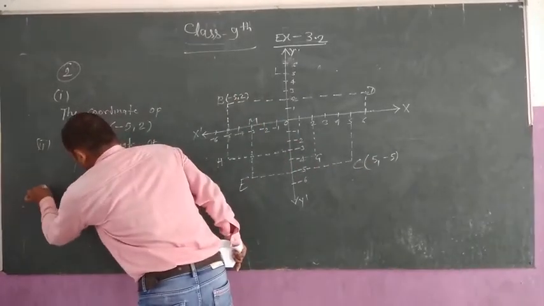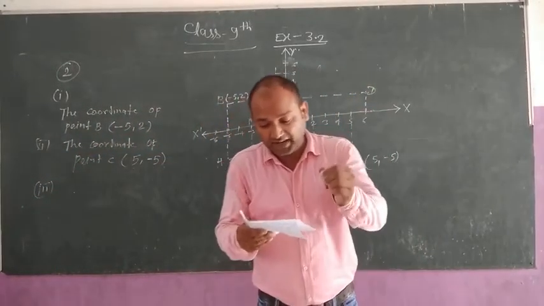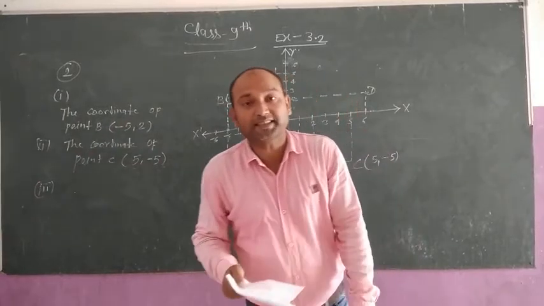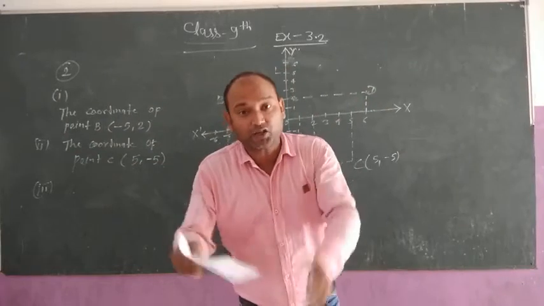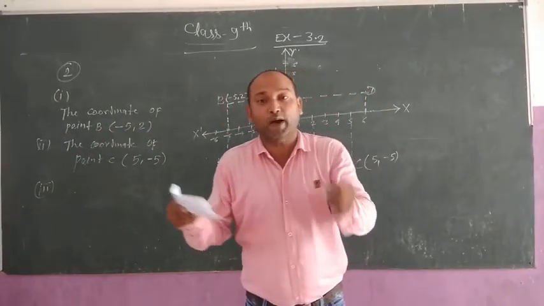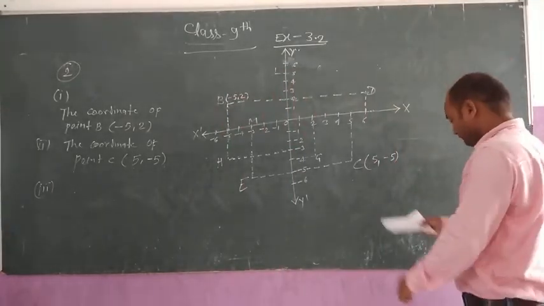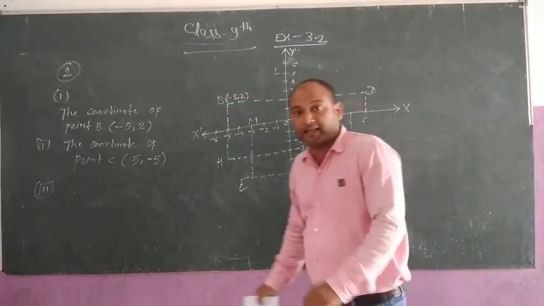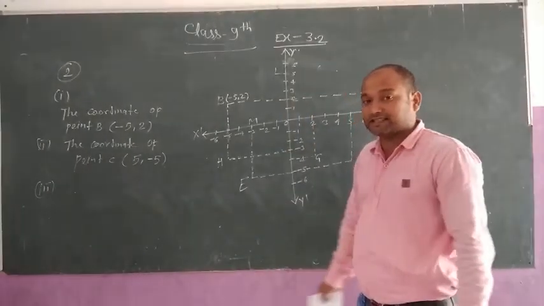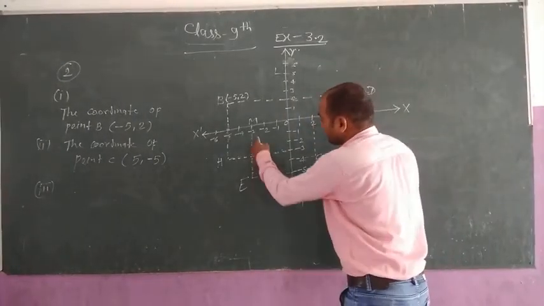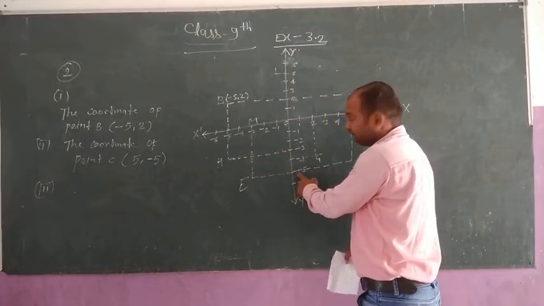And question number 3. The point identified by the coordinate minus 3 and minus 5. Minus 3 and minus 5 means the x coordinate is minus 3 and the y coordinate is minus 5. This is the third quadrant. Minus 3 means x axis distance minus 3, y axis distance minus 5.